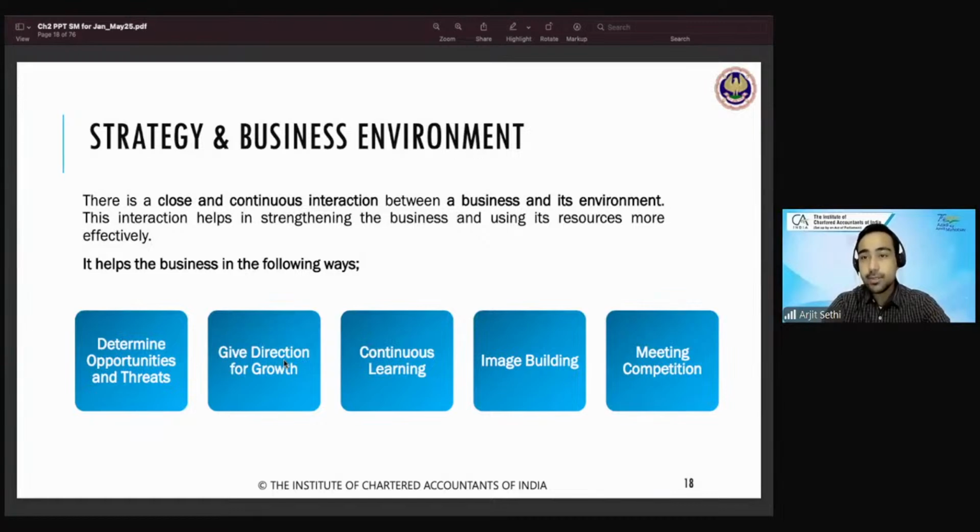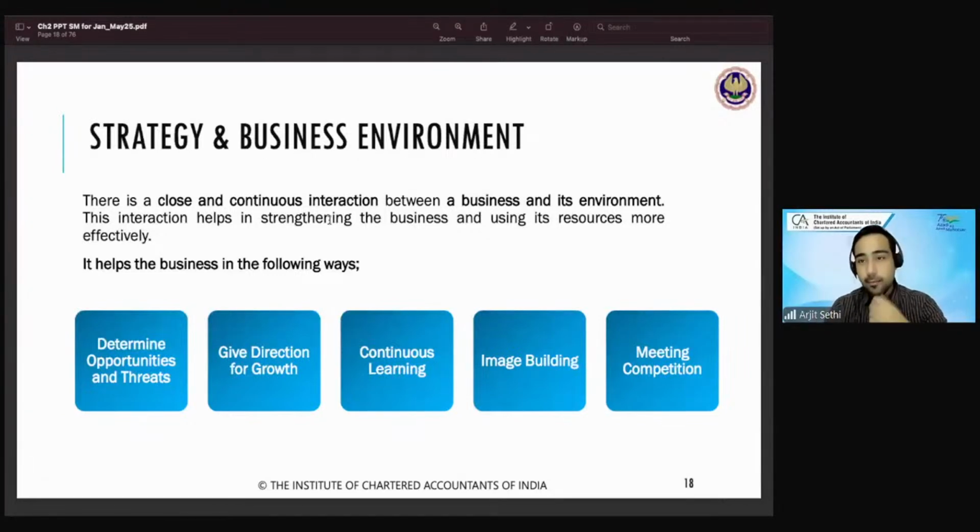Question here to you, my friend, is how does strategy help build an image? Chat is open for you. The BOS chat is open for you. Go and answer. Tell me how a close interaction between strategy and business environment helps a business to build an image? That's my question to you.